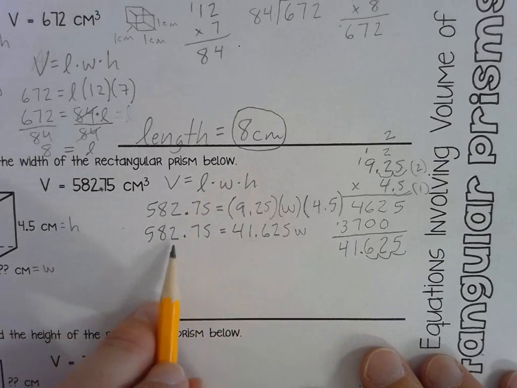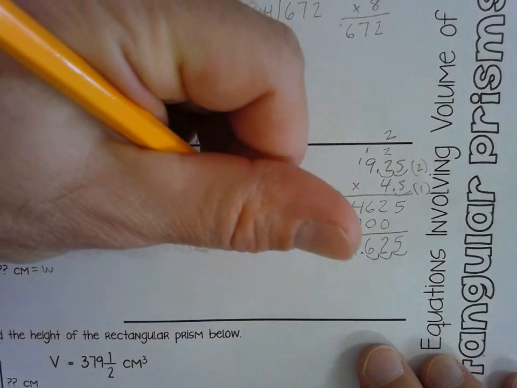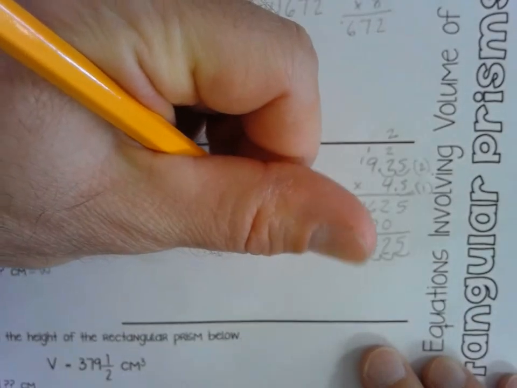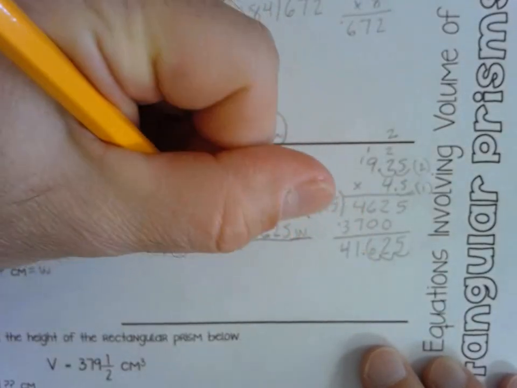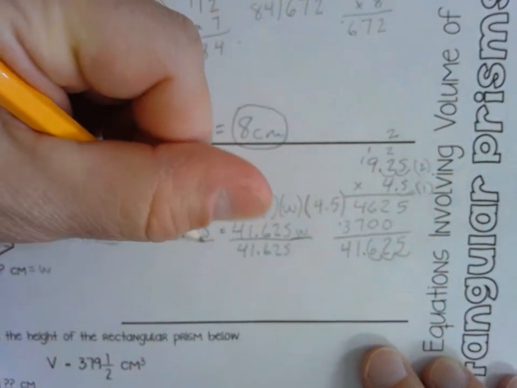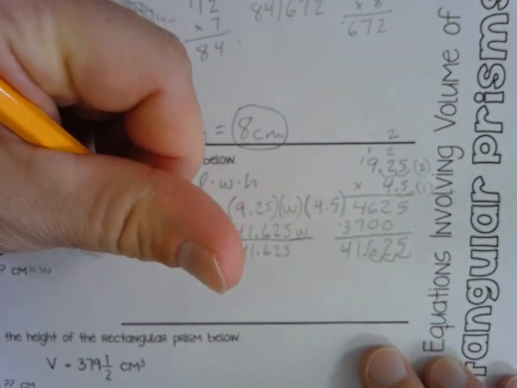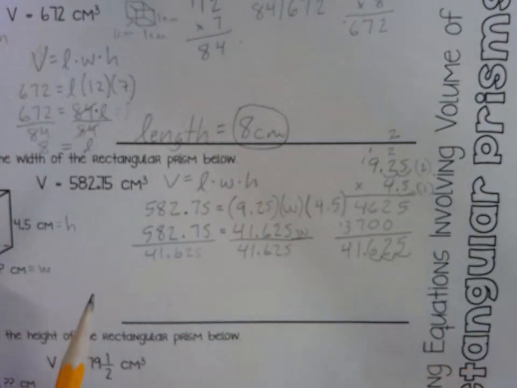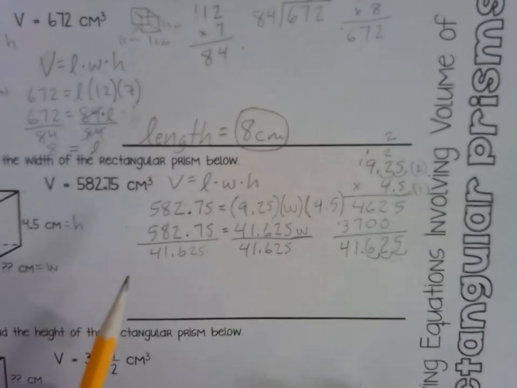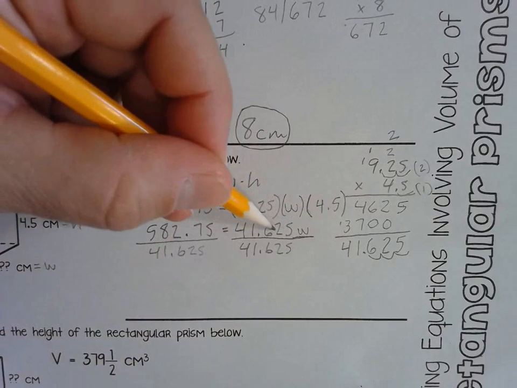So now I want to get the W by itself, right? So I need to divide both sides by 41.625. So what happens to the 41.625 over here?